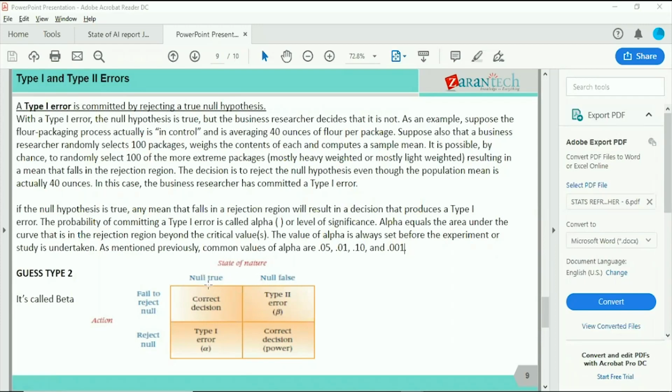He's actually innocent. These are the cases where he's actually criminal. These are your actions. You accept them or reject them.